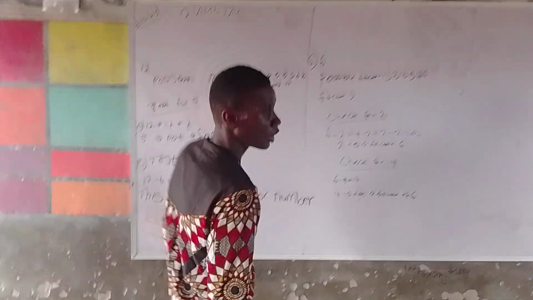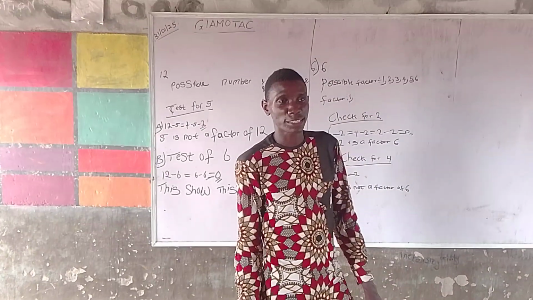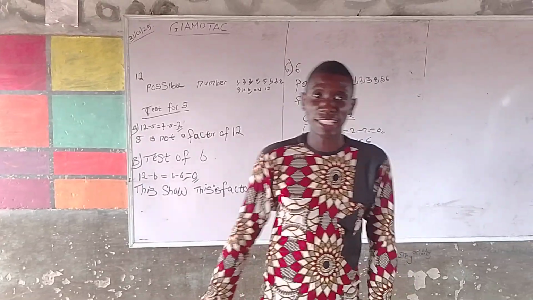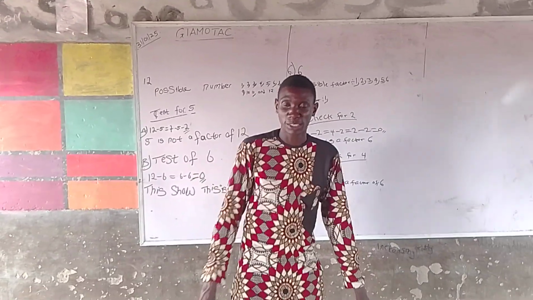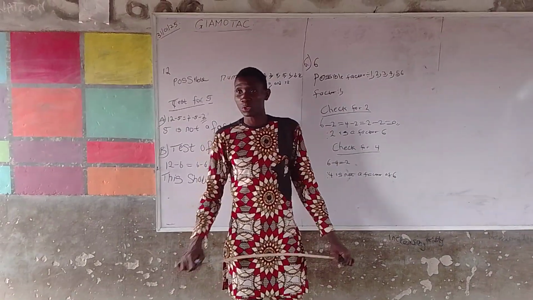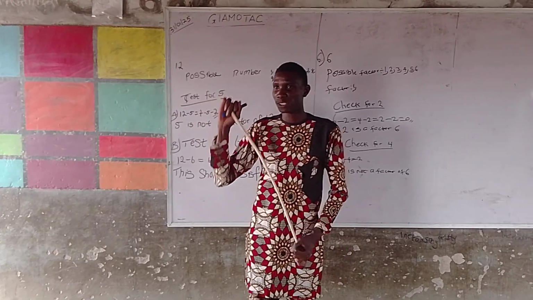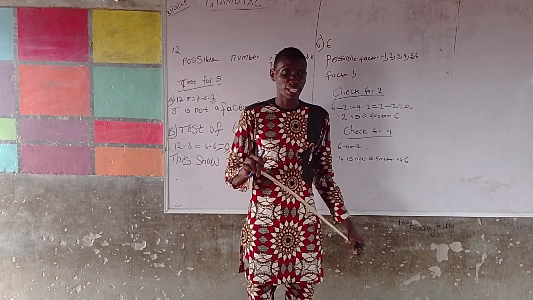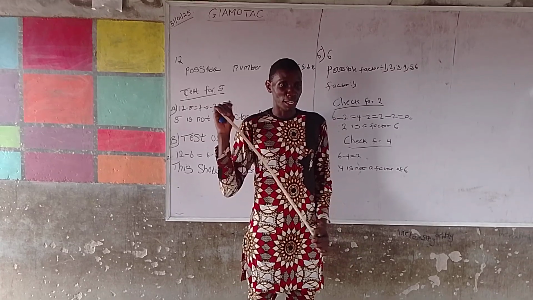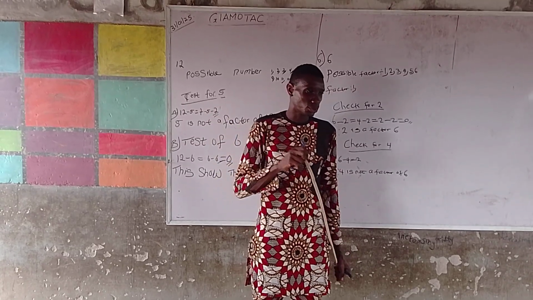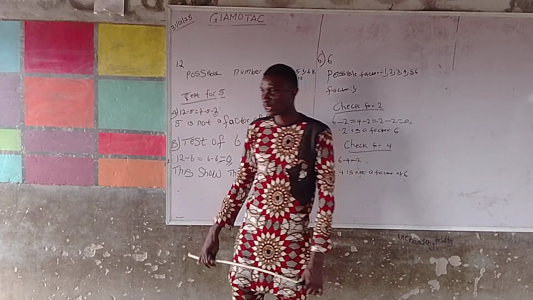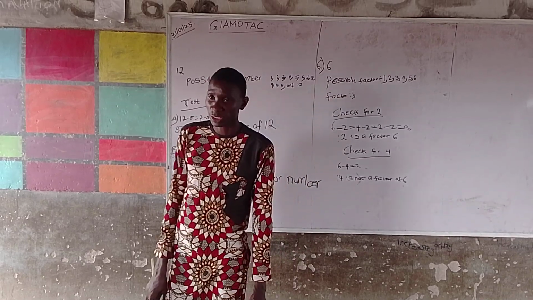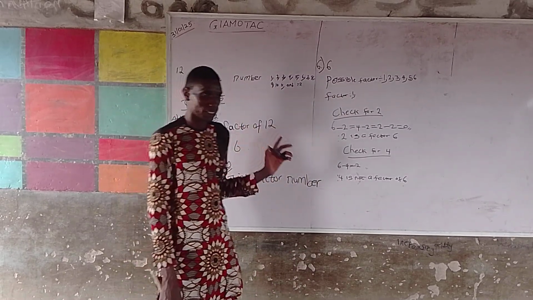Alright, as you can see, our presenters have presented well, and you can see on the marker board what they have done so far. Whenever you get a number that is lesser than the number and it's not giving you 0, it shows that that number is not a factor.